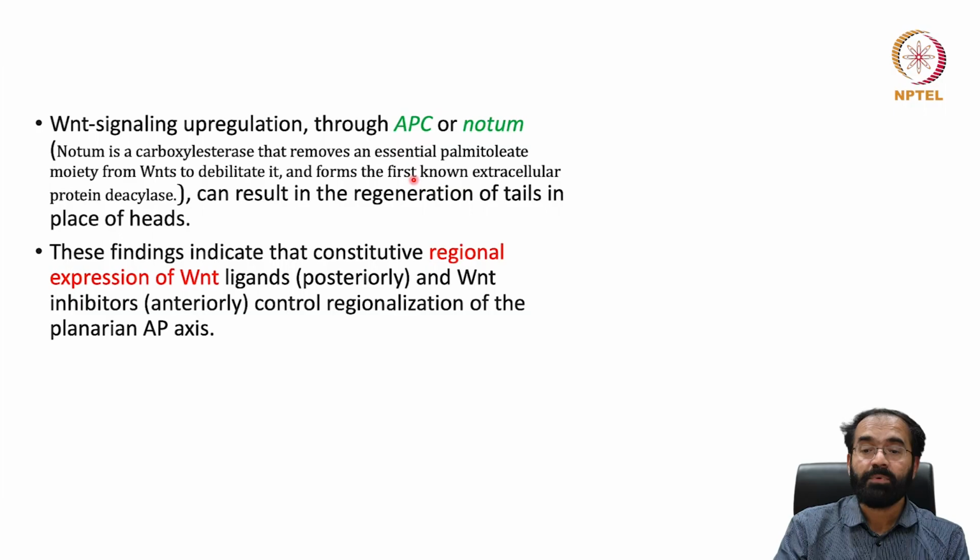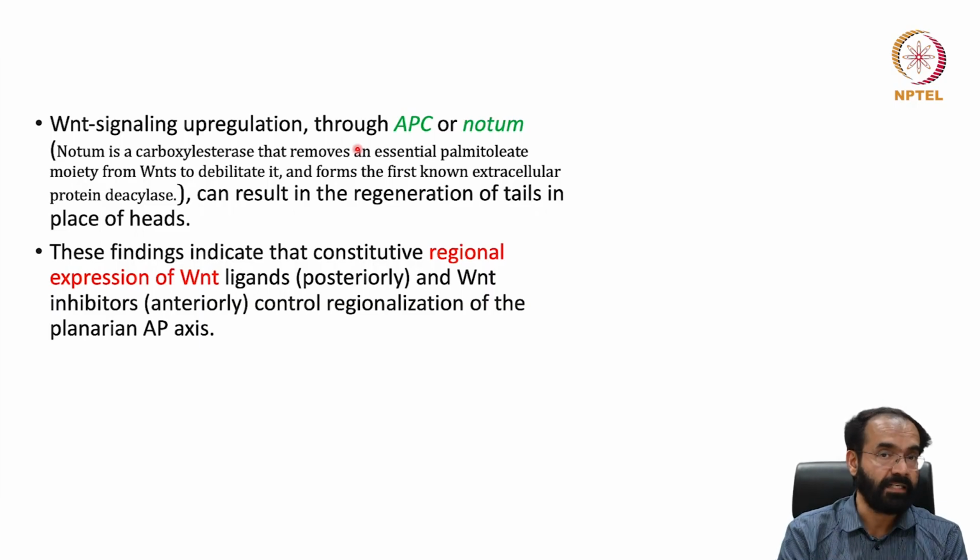Wnt signaling upregulation through APC or NOTUM. NOTUM is a carboxylesterase that removes an essential palmitoleate moiety from Wnts to deactivate them. So basically it's a functional role. It's not important to know, the mechanism is written down here, but APC is a negative regulator of beta-catenin, meaning beta-catenin is degraded if APC is active.